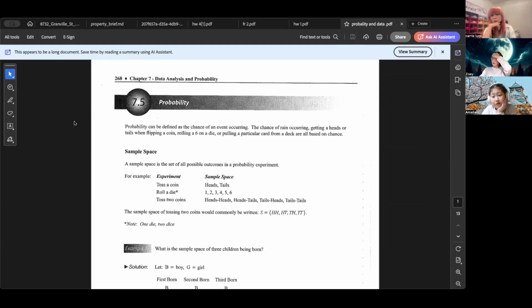My grandpa does it. Right, your grandpa does it, so the probability of your grandpa cooking is for sure. He cooks almost every day, basically. So we can say the chance of your grandpa cooking is 100%, right?